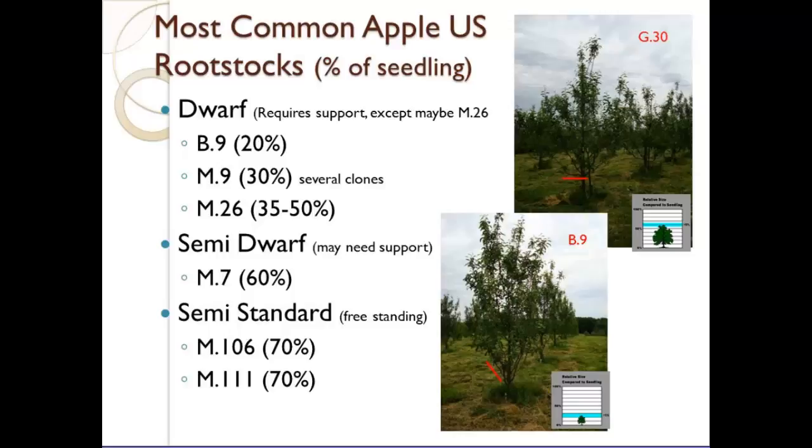When we get into apples, a lot of times to avoid bark inclusions, you do a lot of training to make wider branch angles. And G30 has naturally wide branch angles. But you look down at B9, and they're fairly upright. And that is directly the effect of a rootstock. So as I say, when you're doing research on these rootstocks, branch angle is something else that you want to look at so that you have an idea of the level of training that you're going to do in your pruning and training operation.